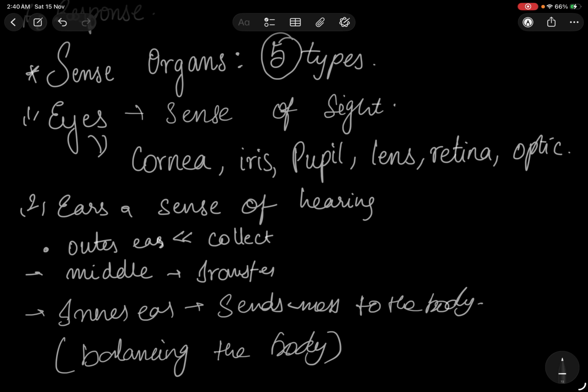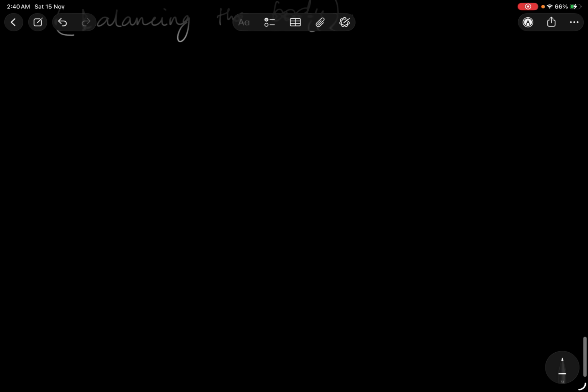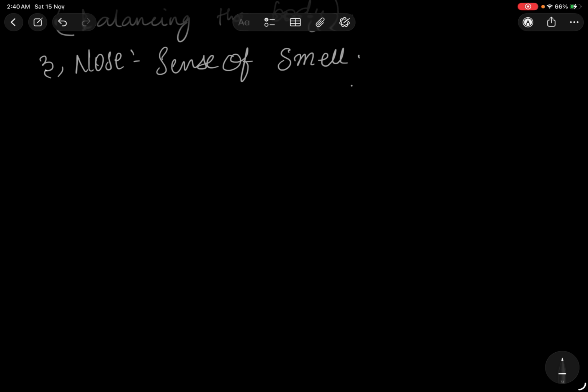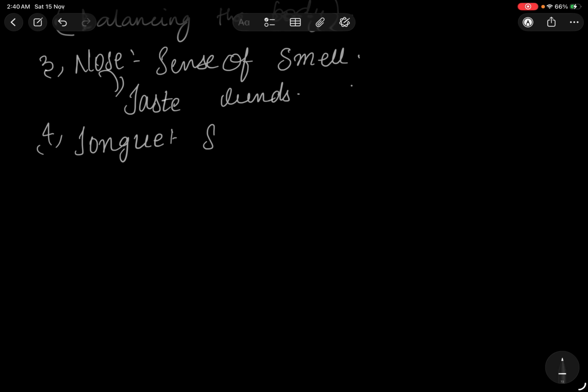Okay, next part when we discuss about the sense organs is the nose. So what is the use of the nose? Used for the sense of smell. So it connects with the taste buds. Fourth is the tongue. Used for the sense of taste.